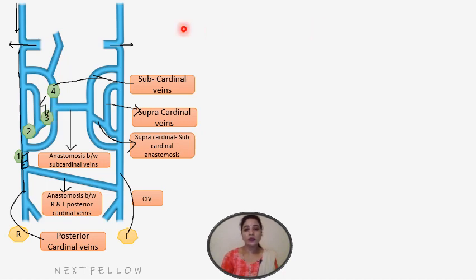The fourth part is the right subcardinal vein, renal segment. This segment is the renal segment.